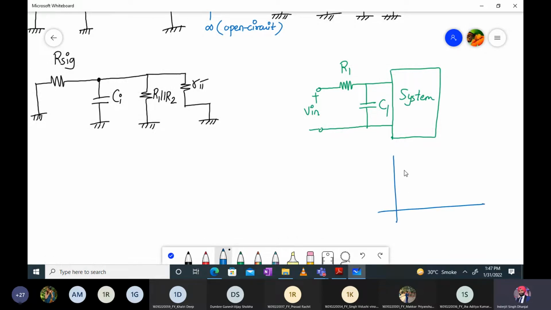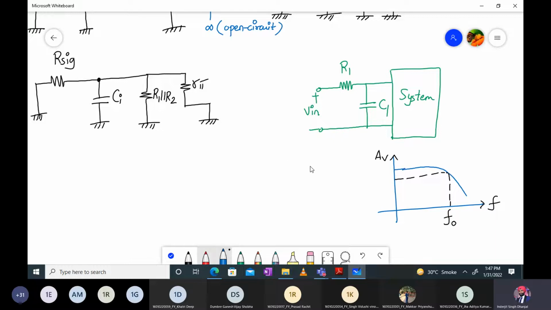The frequency response plot will be like this, right? We have analyzed this circuit in lecture number 2. You could recollect. So here we have a higher cutoff frequency. Let's say this is f0, this is f, and this is Av. Let's say we have such kind of a response.